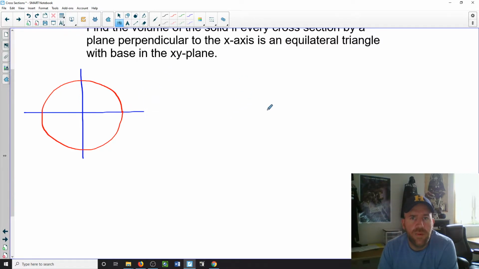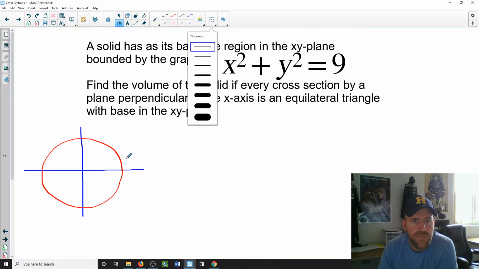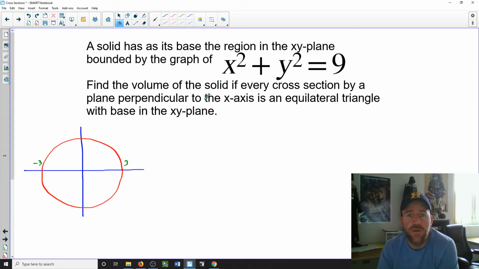Remember, this over here is our r squared value, so the r is going to be 3. So we have a radius of 3. So we're at 3 and -3 on the x, because we are perpendicular to the x-axis, so we want the domain.